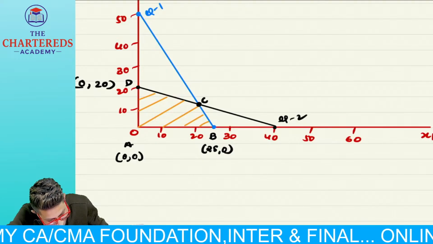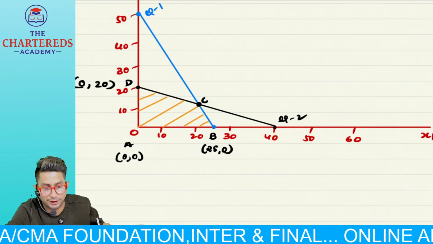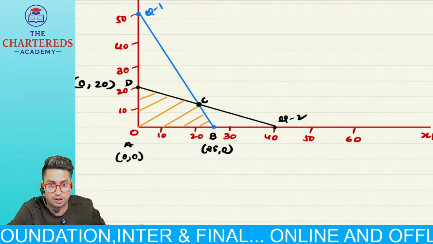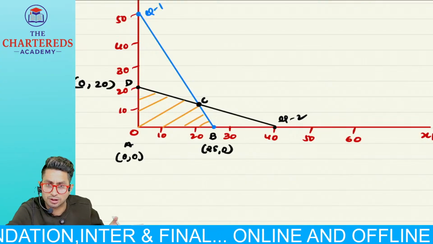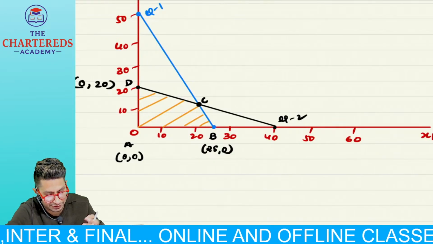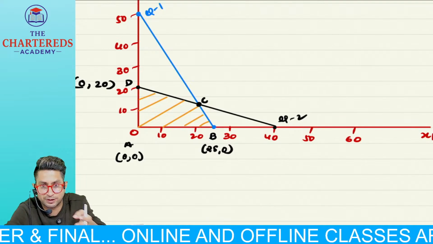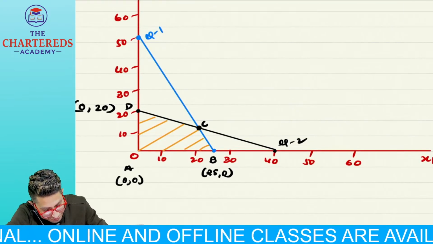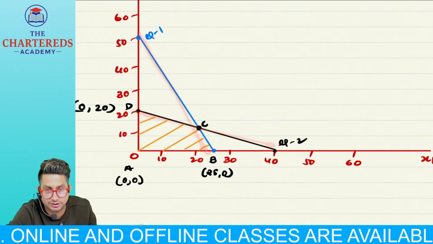But we need to find at what point C. At point C, we have no idea what the value of x is, what the value of y is. Now what we have to do? Solve the equations. Equation 1 and equation 2, if you solve, we will get the values of x1 and x2 at point C. Now see, point C is an intersection of which two equations?